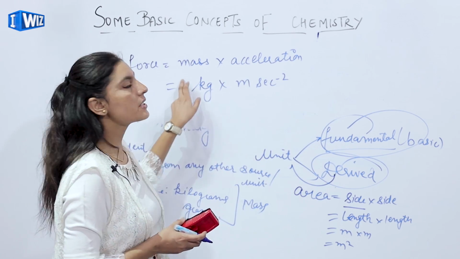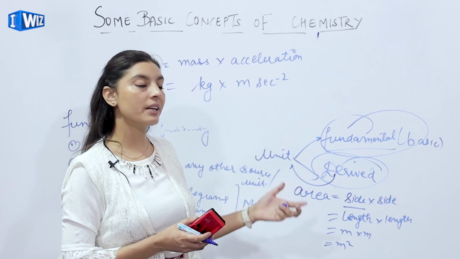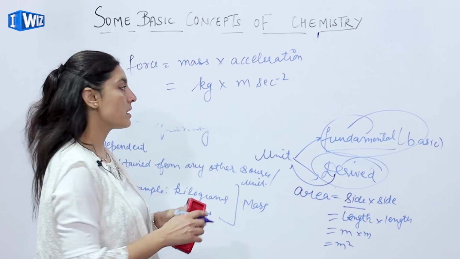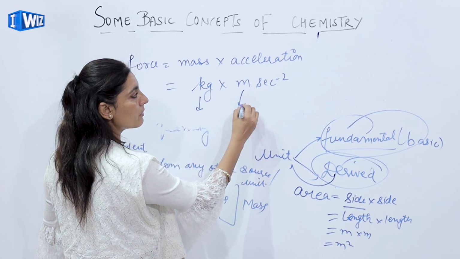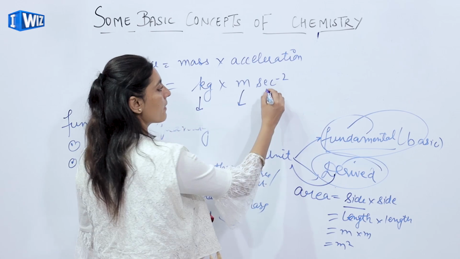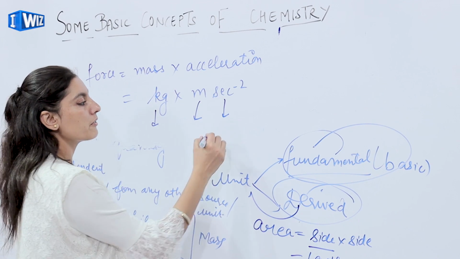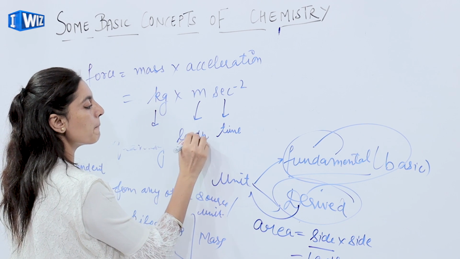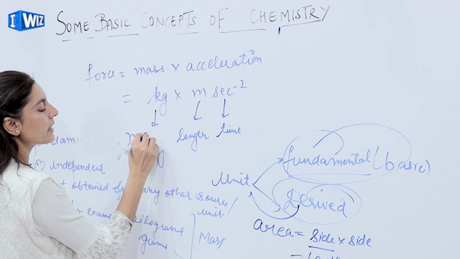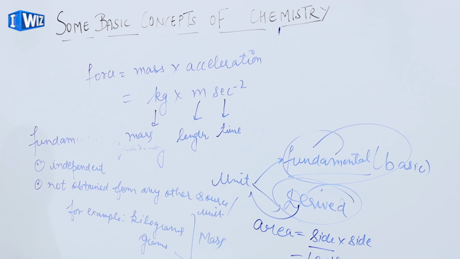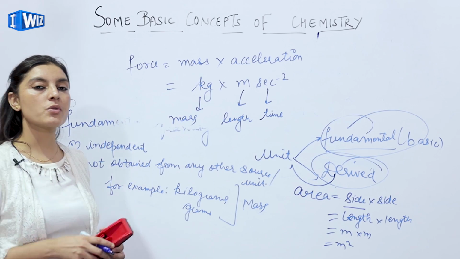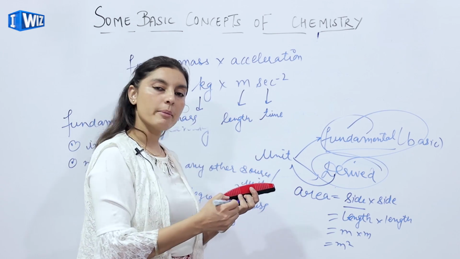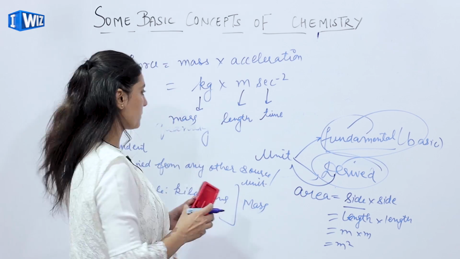It is formed by the combination of three further units: mass, meter, that is distance, and per second square, that is time. So three different units combine together and give us one derived unit. This was the concept related to the fundamental units and the derived units.